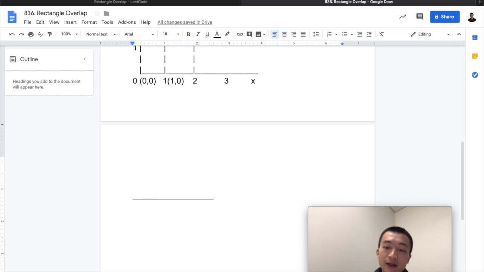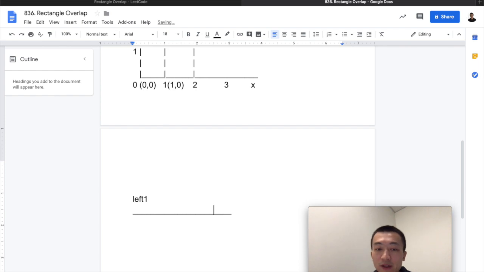One segment we can identify by using x1, we'll just call it left 1. On the 1D plane, we can use left 1 and right 1 to indicate this is one segment. And we can have another segment indicated by left 2 and right 2, like this.